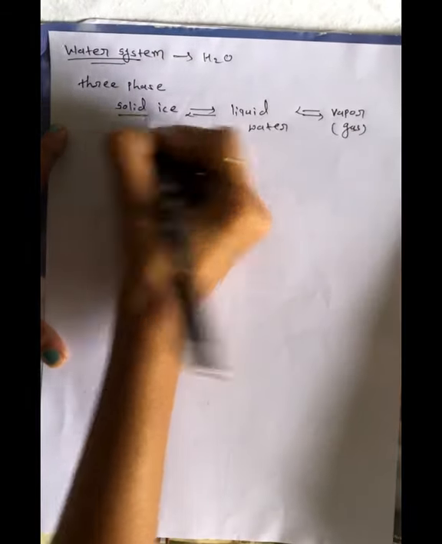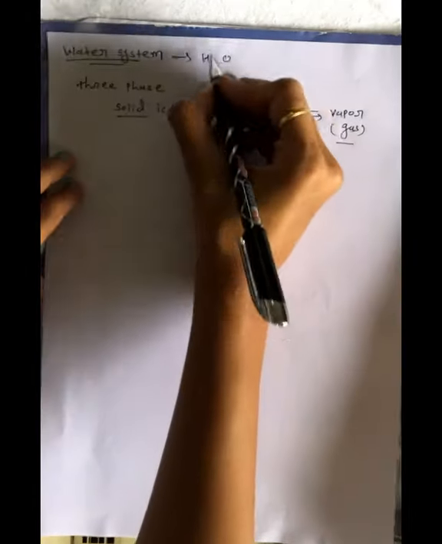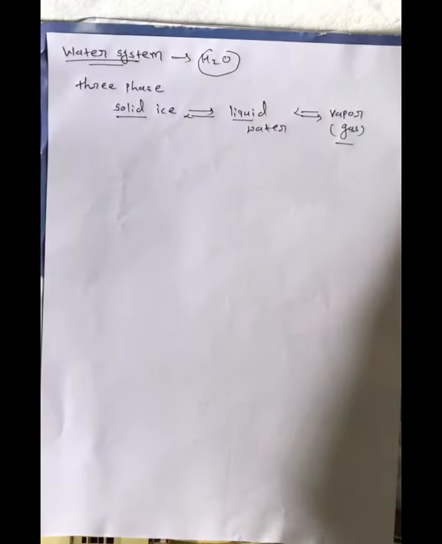So that means three phases: solid, liquid and gas. But this is only one component, H2O. So that is called a one component system, right?